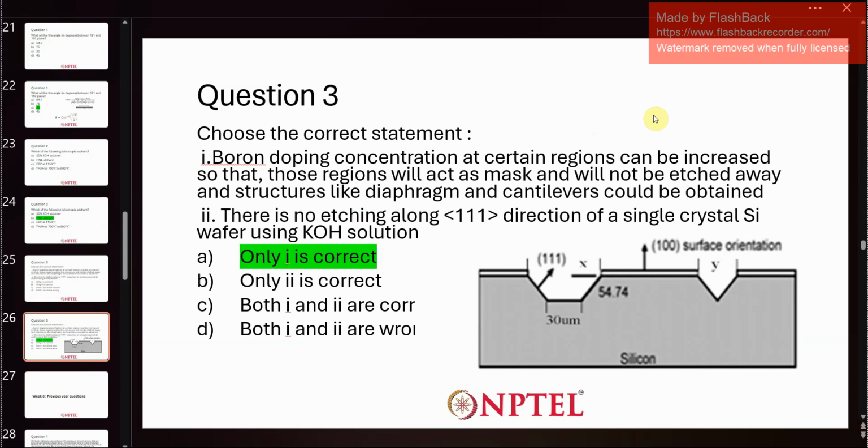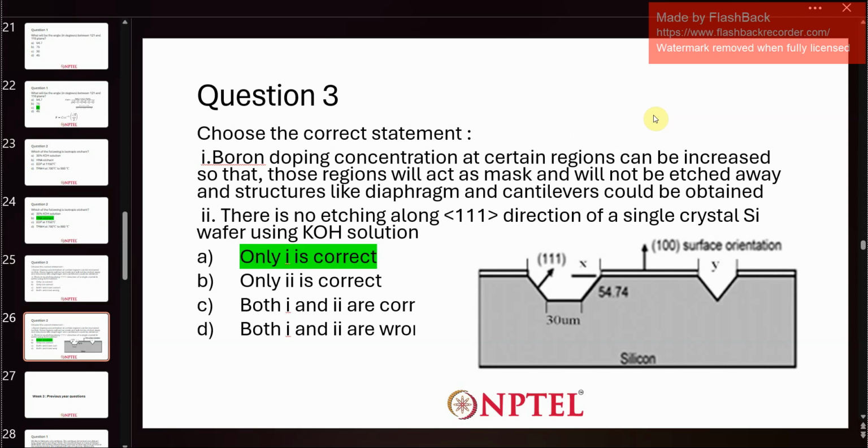So here, if we increase the boron doping concentration, the region will act as a mask and it will not be etched away. So basically what will happen is, if the boron concentration is increased, it will increase the packing, so there will be more atoms in that region, so it will be difficult for the agent to actually penetrate in that region.